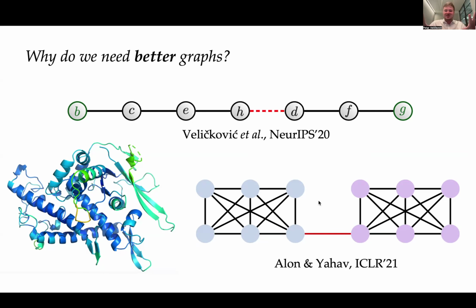As the sizes of the cliques grow, if you really care about every node in the first clique communicating well with every node in the second clique, you can hopefully see how that one edge is under a lot of pressure. And in fact, you can prove that as the size of the clique grows, the required embedding space on that one edge's message function needs to be exponential in the size of the clique. So for all intents and purposes, it's a practical impossibility result. You can't build a GNN like that practically, right?